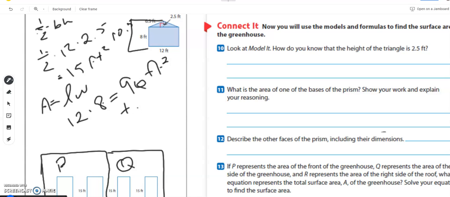So 96 plus 15, yes, that's a 15, it's going to be 111 feet squared for one base of the prism. So we have to multiply that times 2. So it's going to be 222 feet squared.